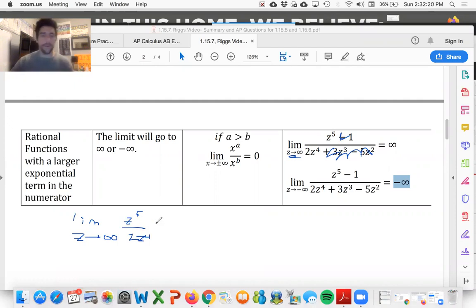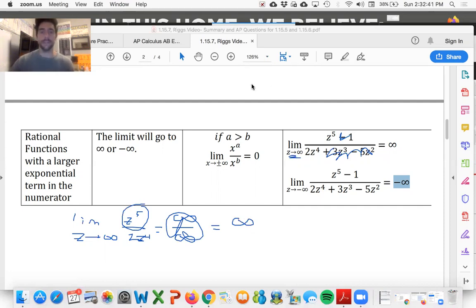Same idea: z to the 5th power, a big number, gives a huge positive number. 2 big values to the 4th is again a huge positive number, but the numerator races there faster. So we say it gets there faster, it has a bigger say, and so it's going to be positive infinity.